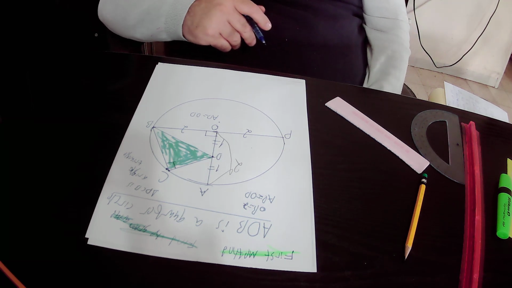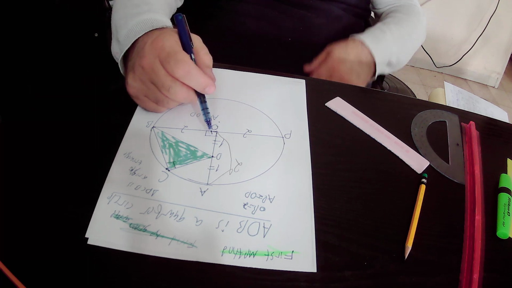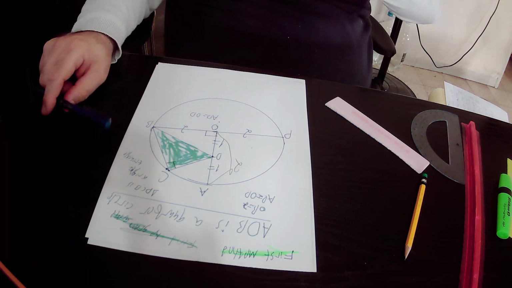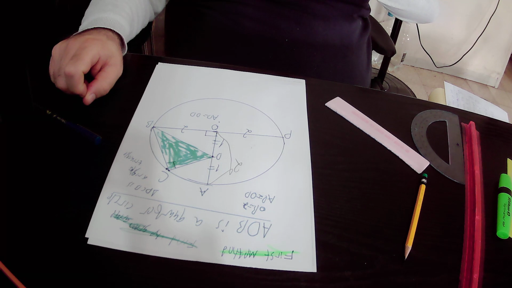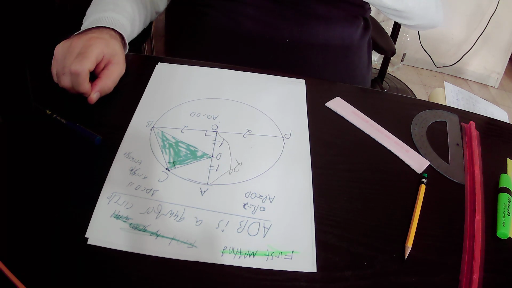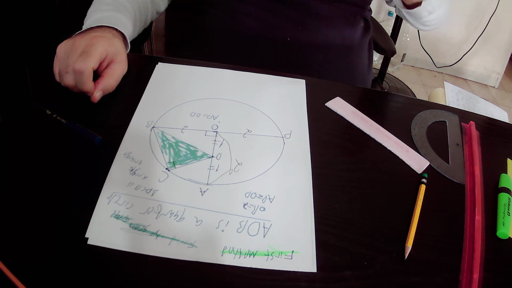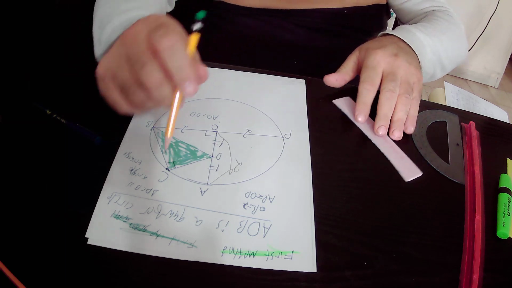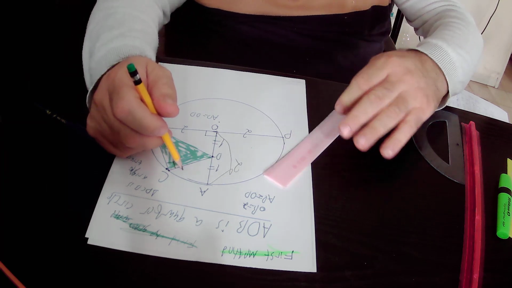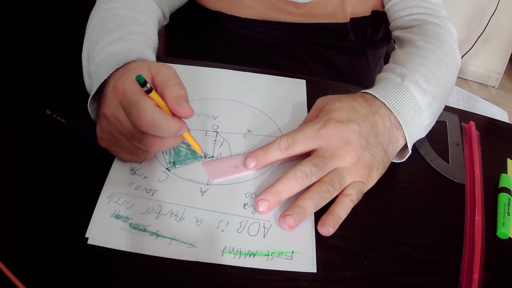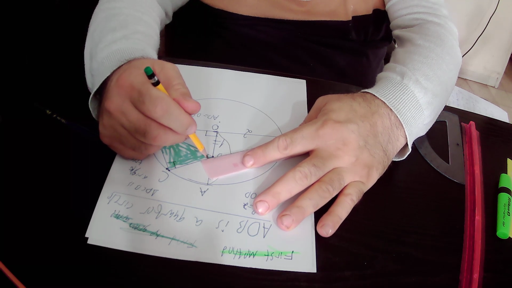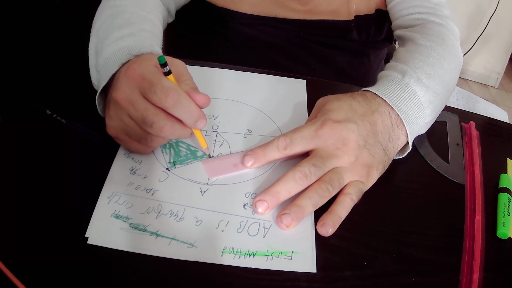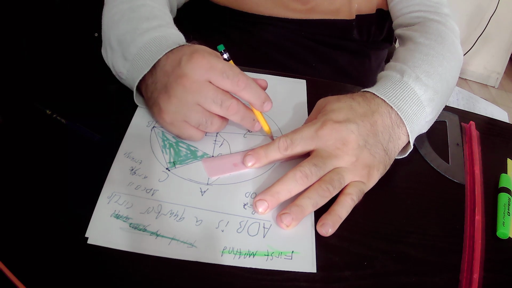In the next step, we will extend side CD by a straight line until it touches the circle. At which point will the extended CD touch the circle? We don't know at which point, so we will assume that the extended side CD will touch the circle at this point.